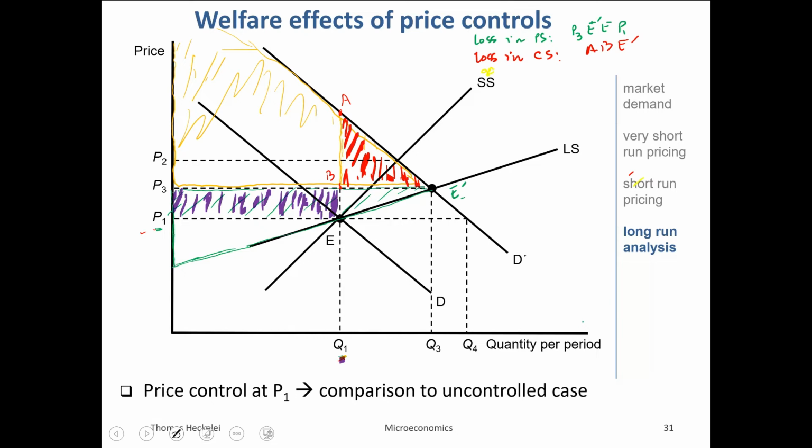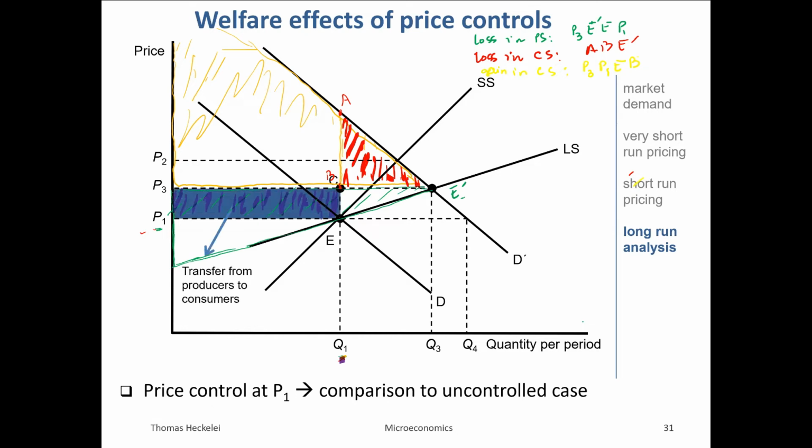Gain in consumer surplus, which is P3, P1, E, B. So this area, the rectangle that I just colored in purple, is exactly what was said previously, the transfer from producer to consumer, because, remember, it was included in this area of P3, E prime, E, P1.